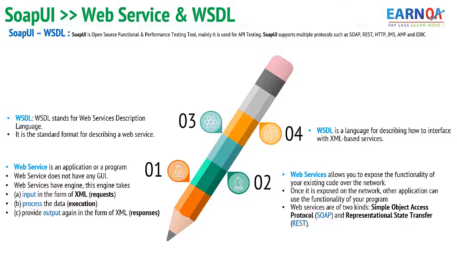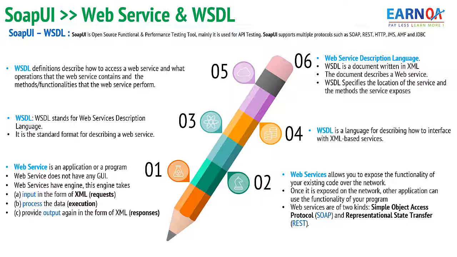This WSDL file contains the documentation in the form of XML, and it helps us know the different methods and functionalities that are part of a particular web service. Everything we read and understand is in the form of XML data. So this is all about web service and WSDL.